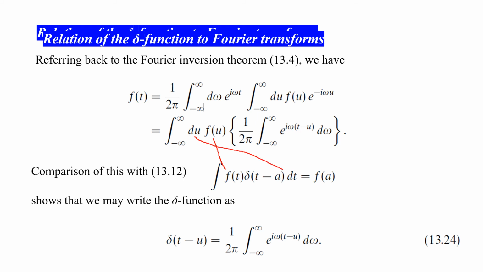So that means this term is matched to delta of t minus a. It shows that we may write the delta function as the following. Delta of t minus a, or t minus u, is equal to 1 over 2 pi times the integral of exponential i omega (t minus u) d omega, evaluated from negative infinity to positive infinity.